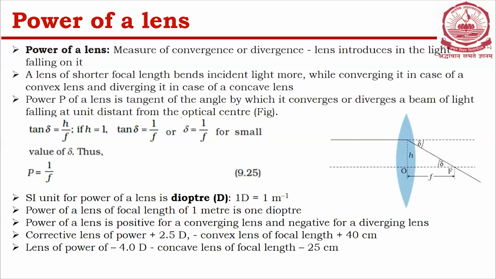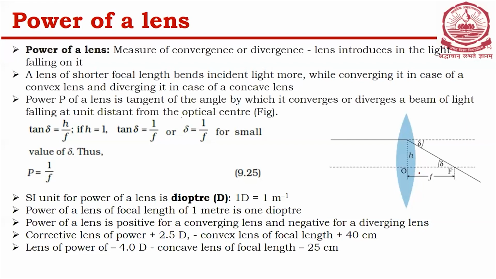When light falls on a lens, it introduces some convergence or divergence of the light. A lens of shorter focal length bends incident light more. Suppose this lens has a very short focal length, then it bends and converges more.